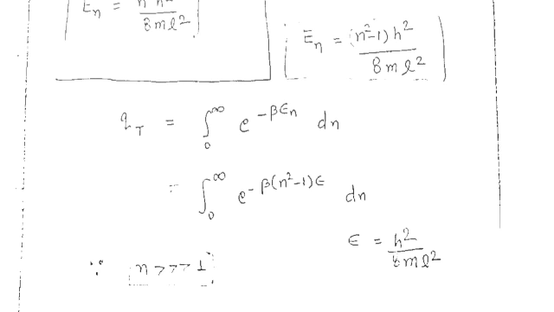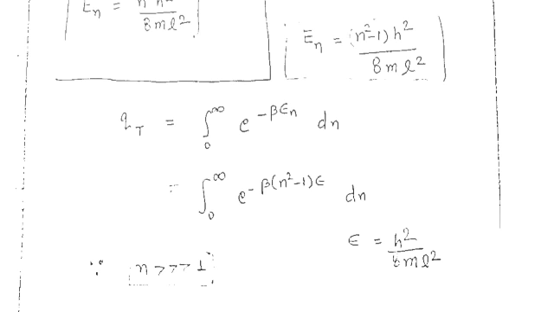So we are going to take h square upon 8 ml square as a constant, that is epsilon. Here we put n square minus 1, and the rest of the values we put as a constant, that is epsilon.